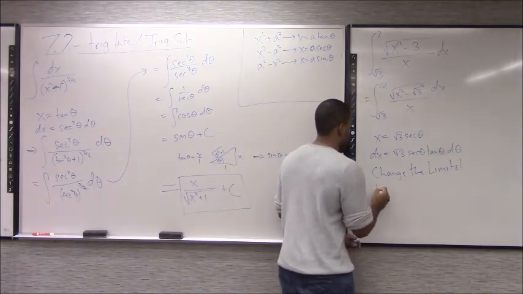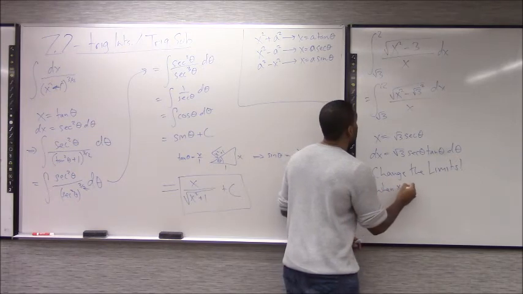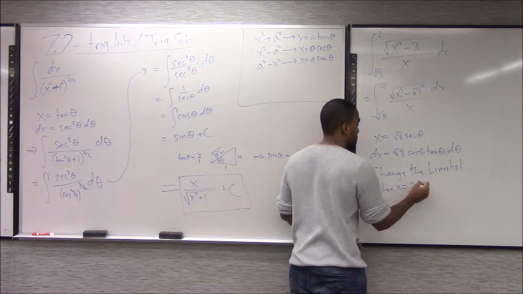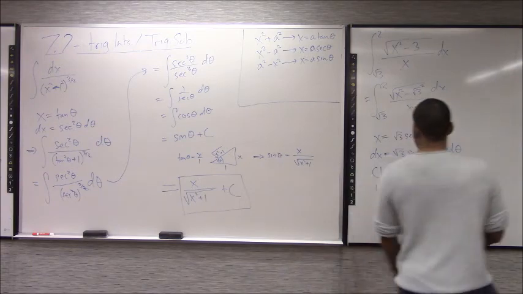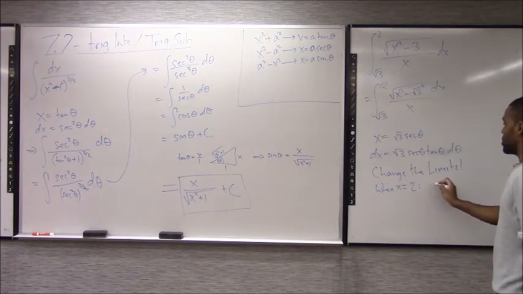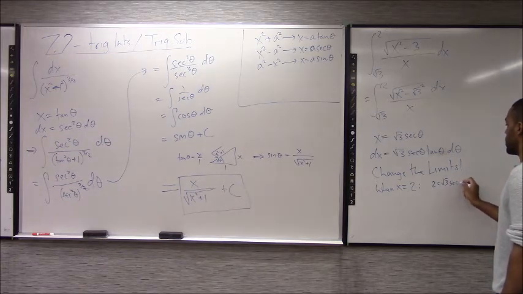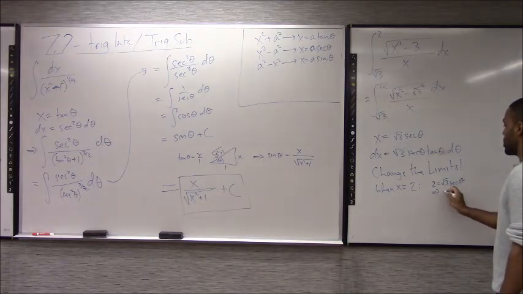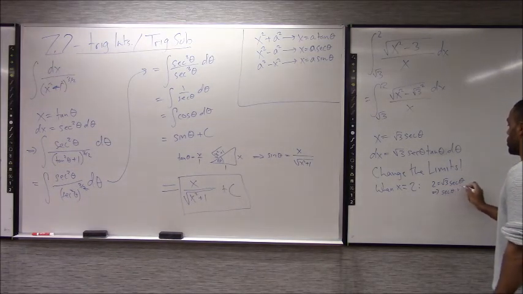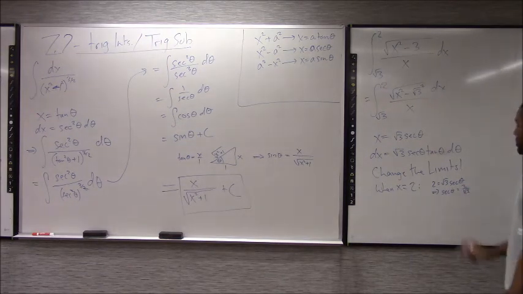So when my x is equal to 2, what's going to happen? That means I have 2 is equal to radical 3 secant theta. Or in other words, my secant theta is equal to 2 over radical 3. How do I solve that equation? Cosine.